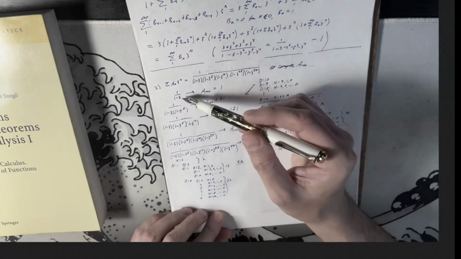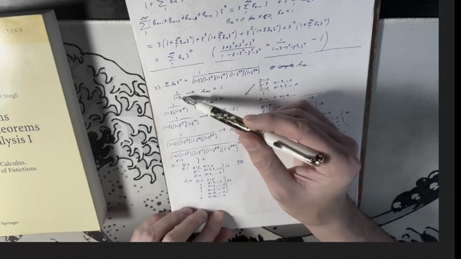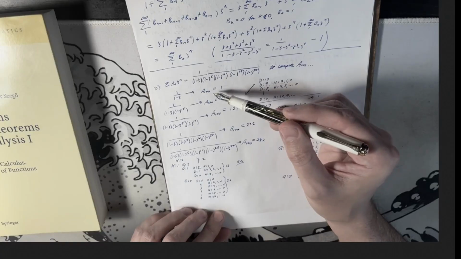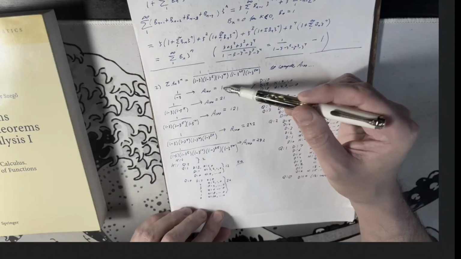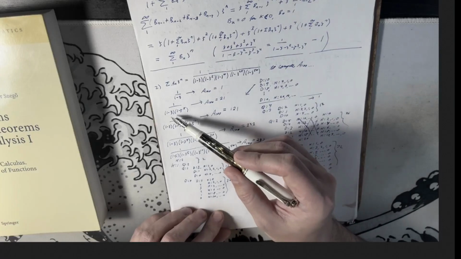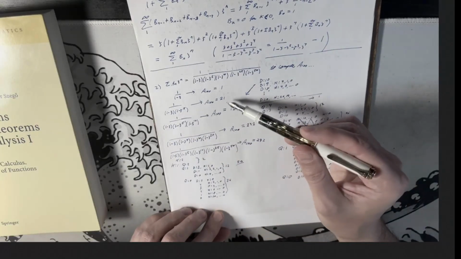Well, what he said was start expanding them. So expand this out and see what your coefficient is. If you do that with just pennies, of course, there's only one way. If you do it with pennies and nickels, you'll get 21.